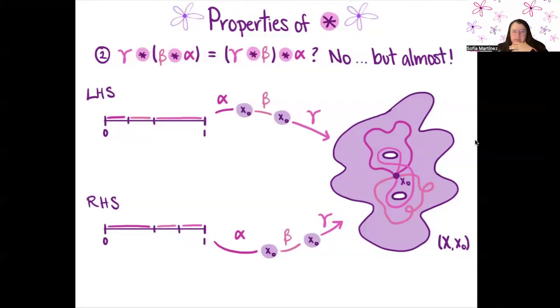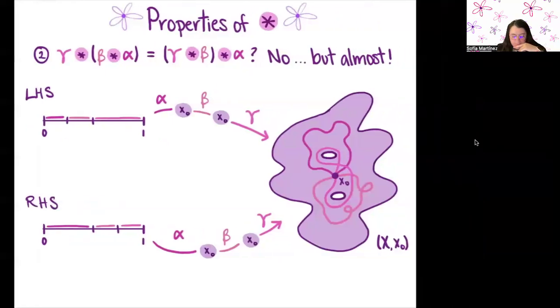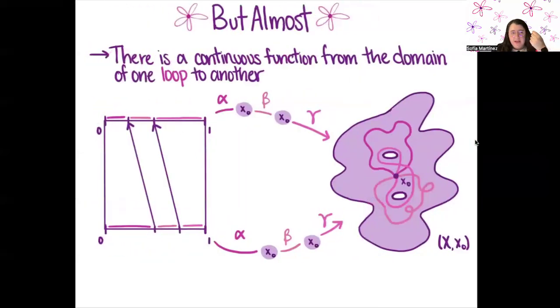What is this "but almost" about? Let's investigate what's actually happening. It turns out that there is a continuous function from the domain of one loop to the domain of the other loop. What does that mean loosely? It means I can sort of drag these tick marks along over the course of an interval, essentially, and get the loop before.